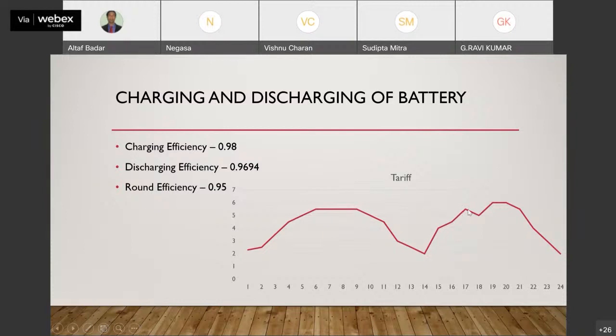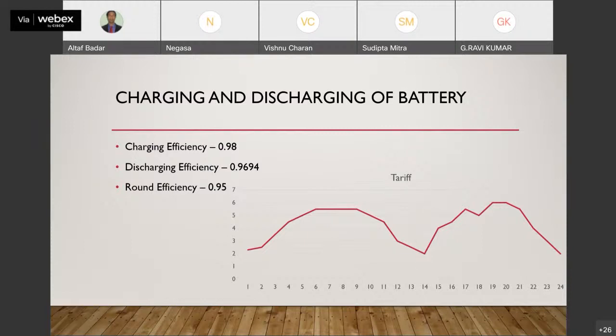And then again, as we go towards the evening, the cost of electricity goes high. So if I am using 1 unit of electricity at 8 p.m., I'll be paying around 6 rupees per unit. Whereas if I use that same 1 unit at 2 p.m., I'll be paying approximately 2 rupees. Getting the point?